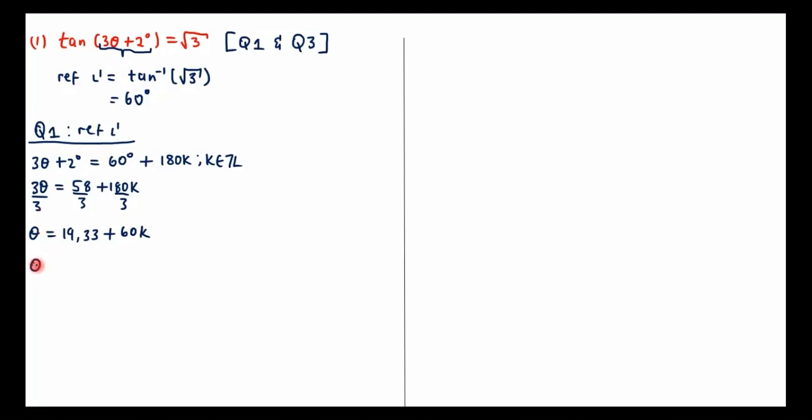Then the second part will be, of course, your third quadrant, which is going to be 180 plus your reference angle. So here we start with 3 theta plus 2 degrees equals 180 plus 60 degrees, plus 180k, where k is an element of integers.